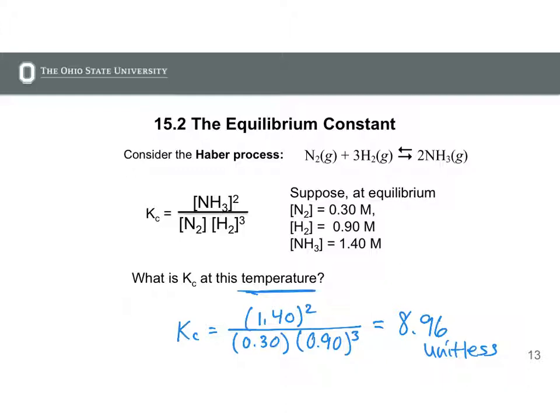They would be meaningless. So we leave it as a unitless value. The other thing is that, and as we'll see, when the equilibrium constant expression is greater than 1, that means that the reaction is product favored. And we're going to go back to this. This is jumping ahead a little bit.